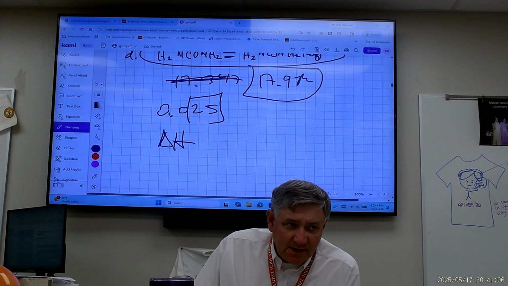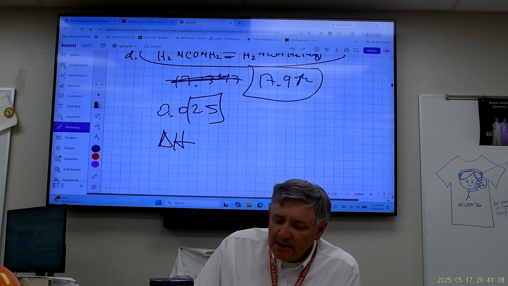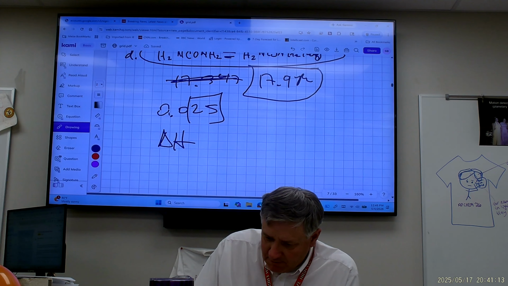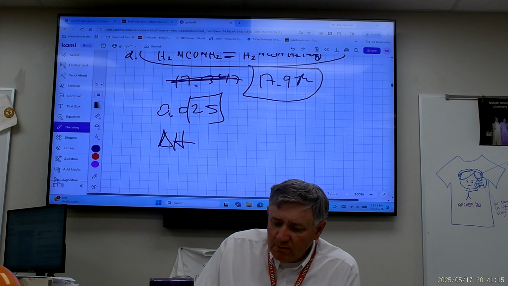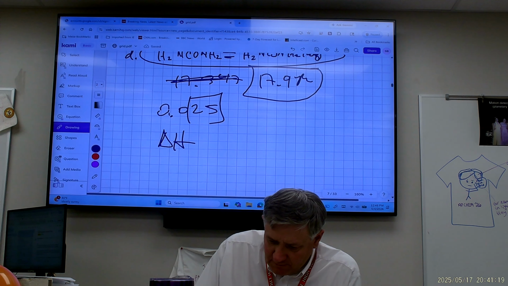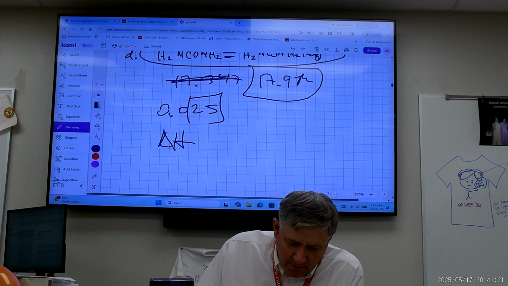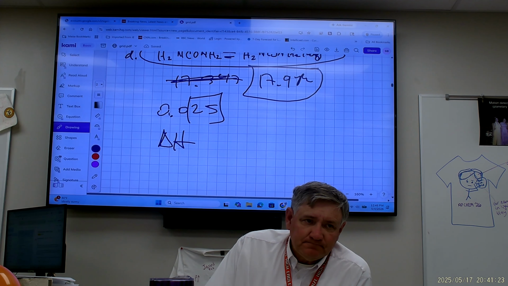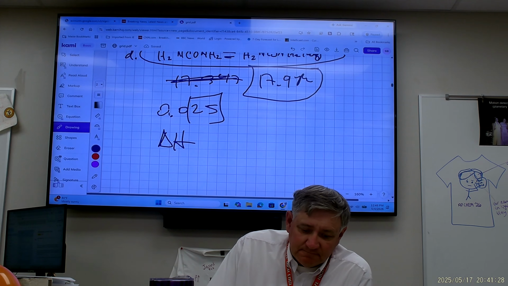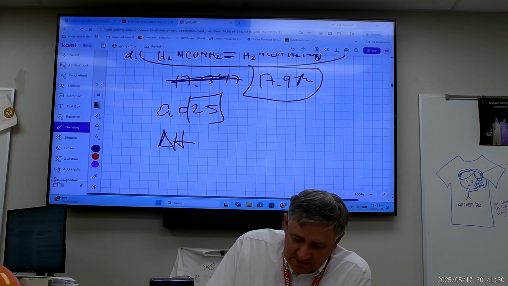So when you get to F, the entropy change is a positive value. So you want to calculate the absolute molar entropy of the aqueous urea. So how are you going to do that? You add 70 and 104, and what'd you get? 174.7.